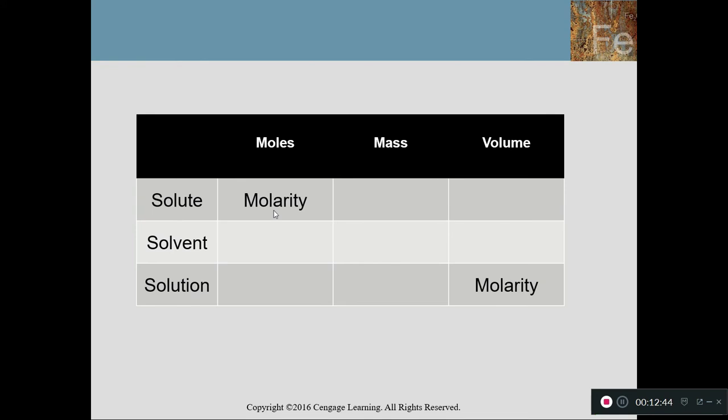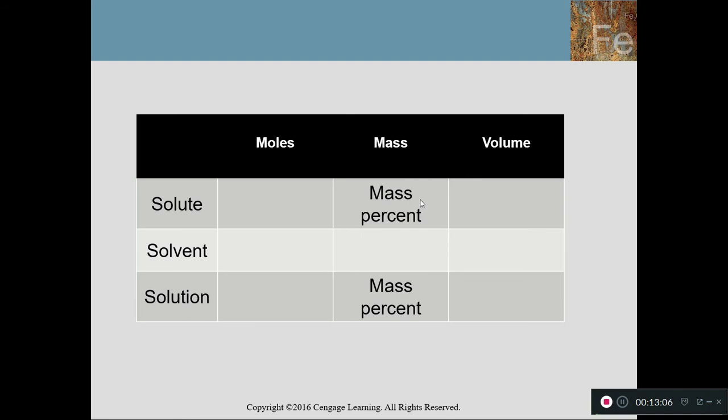So 1.35 moles here and 1,000 milliliters or 1 liter down here. If we had molality, we would fill in the moles and the mass of the solvent, because the mass of the solvent is 1,000 grams. If we had mole fraction, these two we'd be using, and if we had mass percent, we'd be using these two. Just a way to get things started and recognize what you're going to add to each one of those sections.